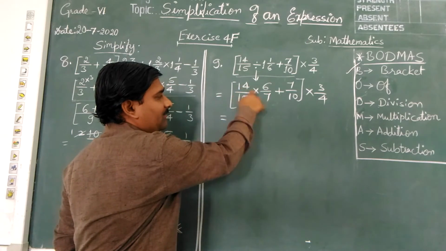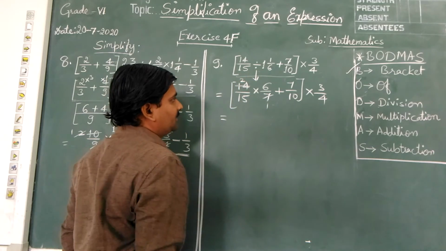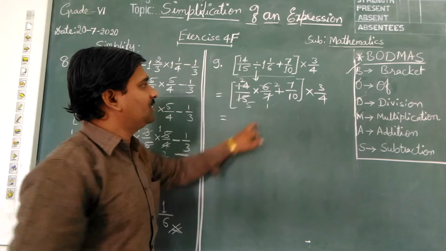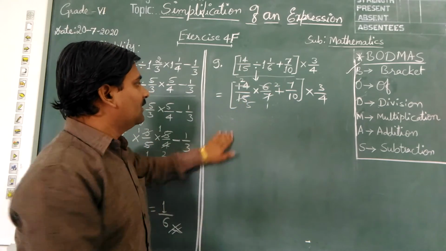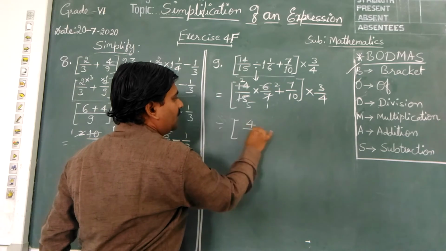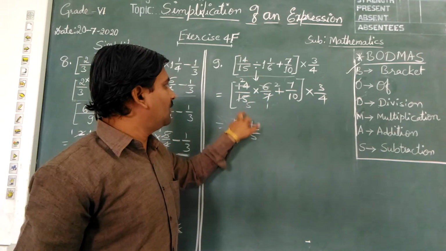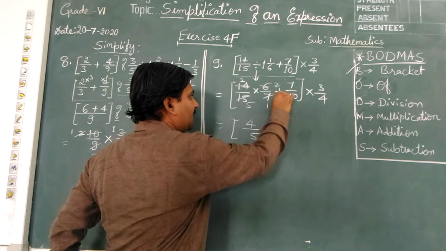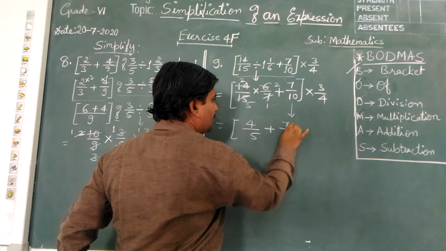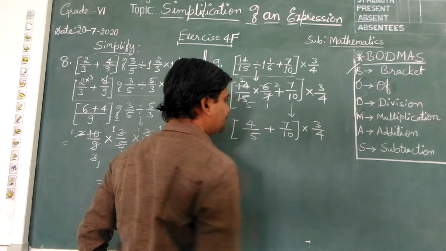Here, children, we can cancel: 7 ones are 7, 7 twos are 14. 3 twos are 6, 3 fives are 15. Now the numbers left are 2 into 2, 4, divided by 5 ones are 5. Plus this 7 by 10 as it is we will copy. Outside the bracket, 3 by 4 as it is we will copy.